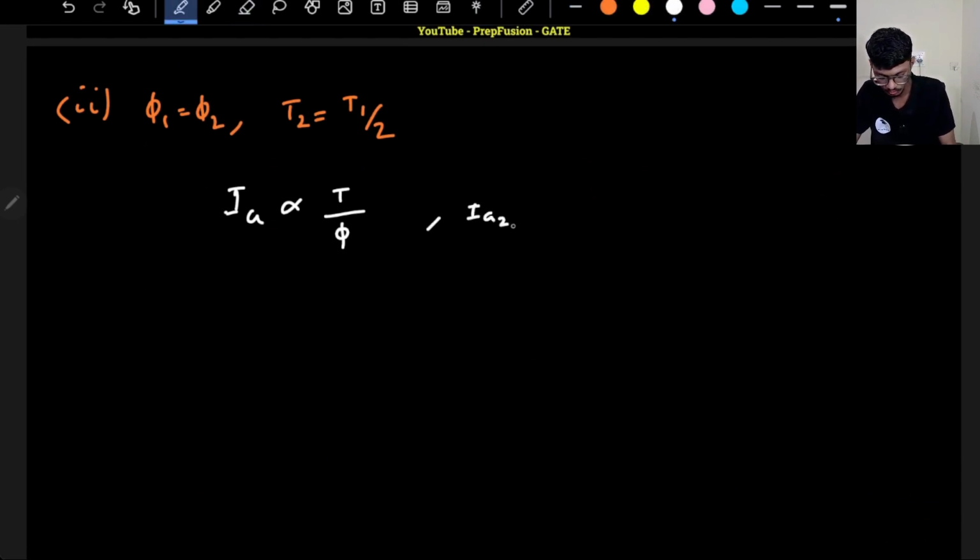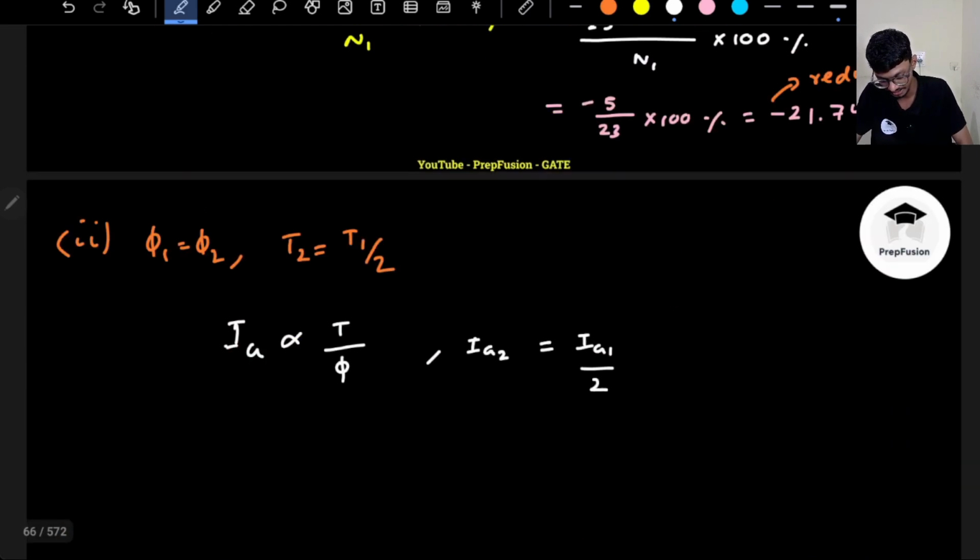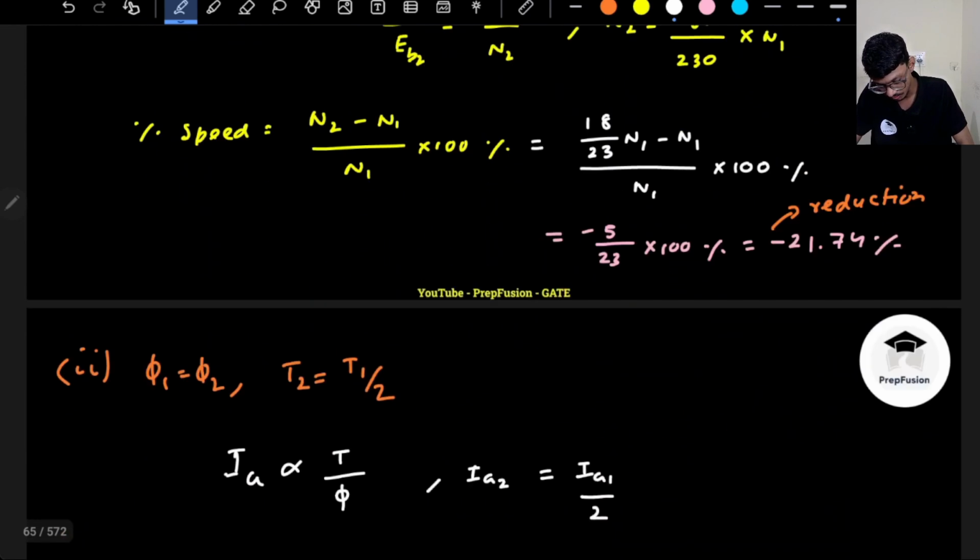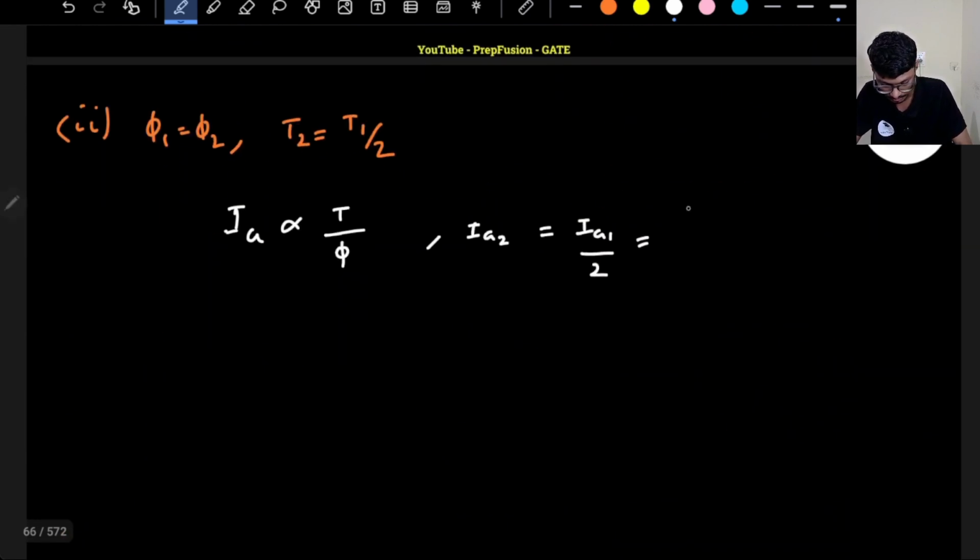So I can say over here that my IA2 will be half of IA1. What was IA1? IA1 was 50 amperes, if I remember correctly, so it will be 50 divided by 2. So it will be 25 amperes. From here I can directly write the developed voltage, because I have to ultimately find out the change in speed.